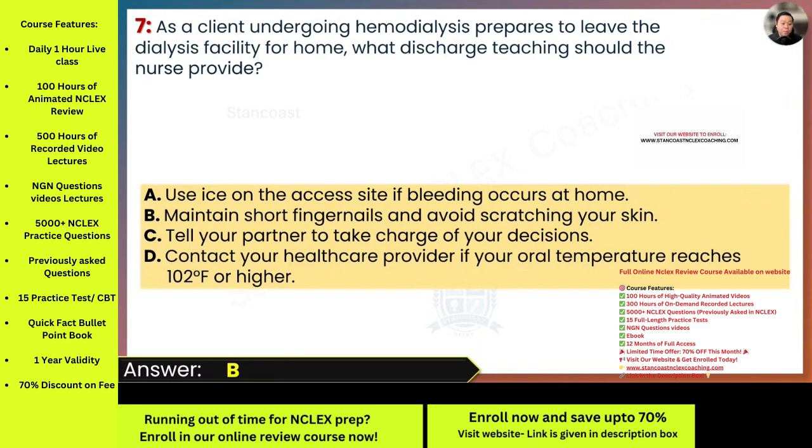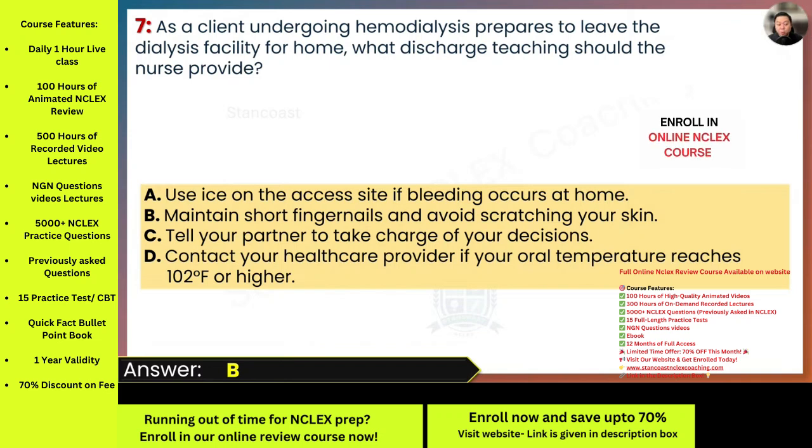Now, why are letters A, C, and D incorrect? We have letter A. Applying ice to the access site if it bleeds cannot stop the bleeding. However, it can actually reduce the blood flow and interfere with clot formation.